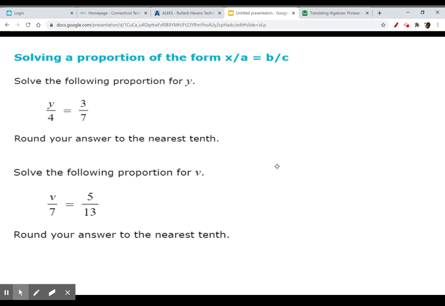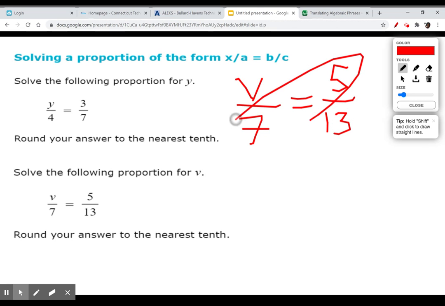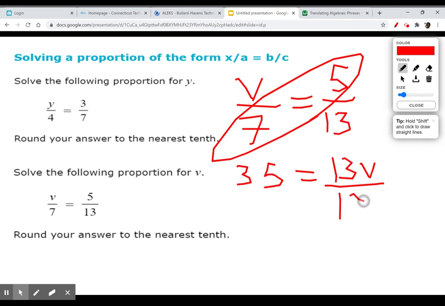So for our second example, we have v divided by 7 is equal to 5 divided by 13. When we cross multiply, we get 35 is equal to 13 times v. When we divide both sides by 13, we get, let's see, it's less than 3.